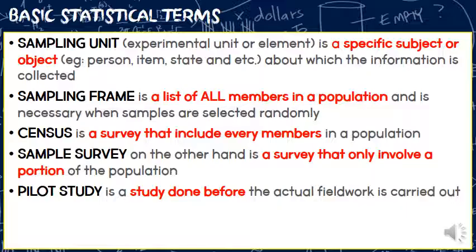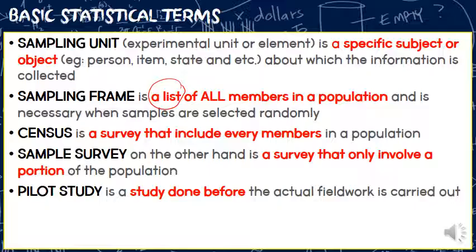Next one, we have sampling frame. Sampling frame is a list of all members in a population, and it is necessary when samples are selected randomly. So kalau tadi population itu students KAG, sampling frame should be senarai semua student di KAG.